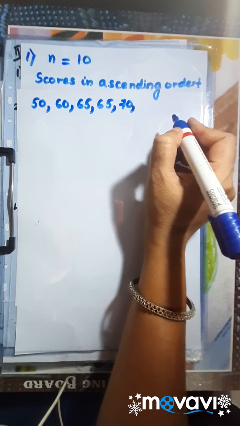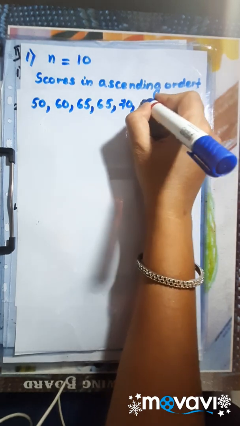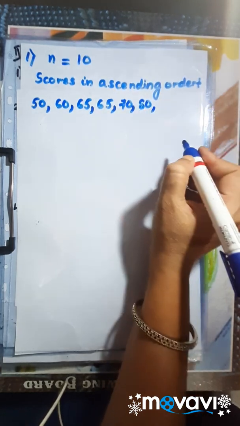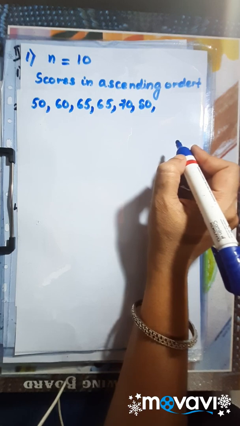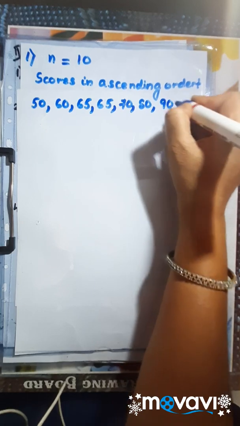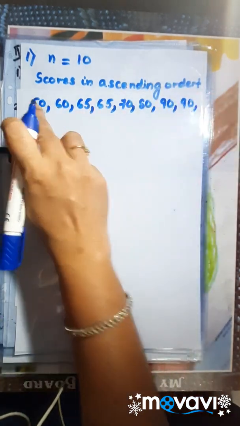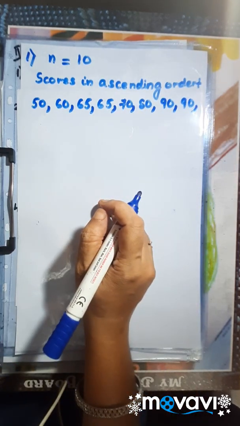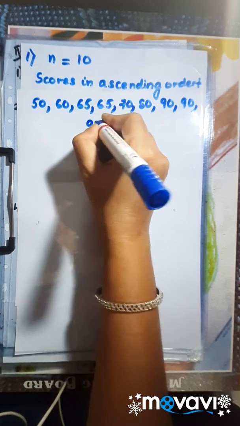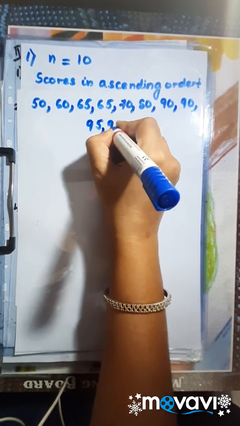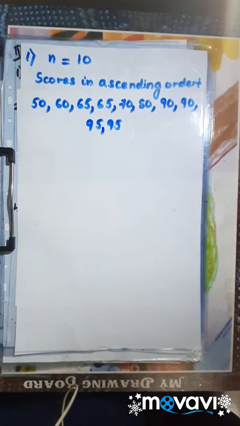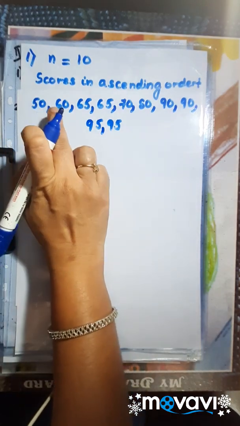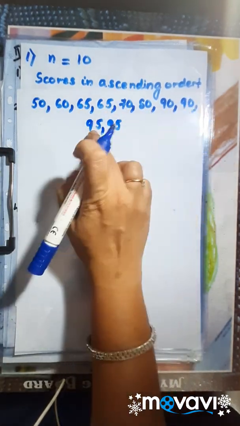Then we will write 80. Then we will write 90 twice, and 95 is also there two times, so we will write 95 twice. Okay, let's count if there are 10 scores. 1, 2, 3, 4, 5, 6, 7, 8, 9, 10.